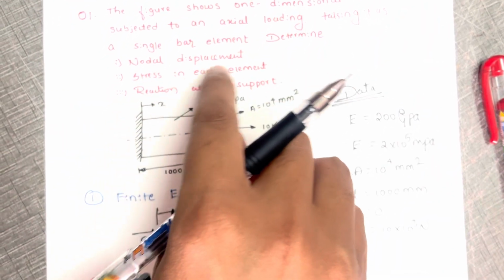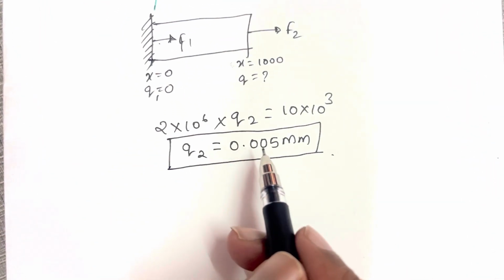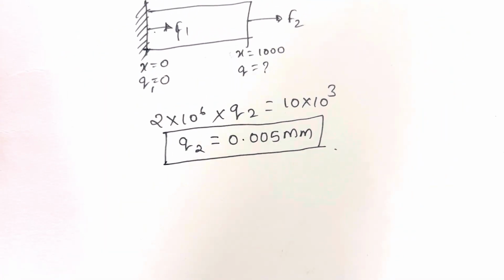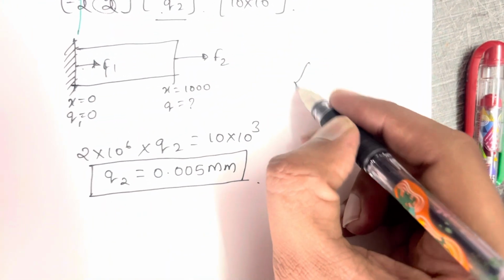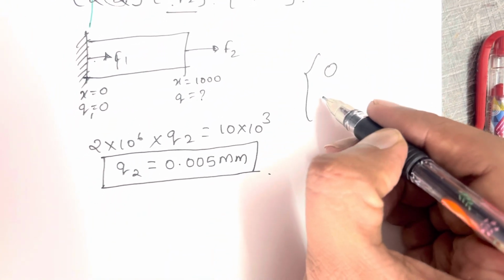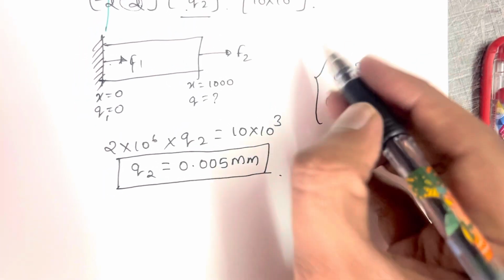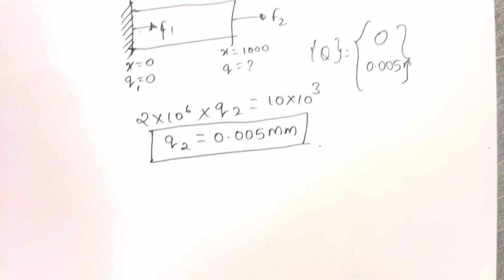In the first question they asked for nodal displacement. Nodal displacement at node 1 is 0, and at node 2, that is Q2, is 0.005 mm. So now we have to calculate the stress in each element. First I will write it in matrix form: Q1 is 0 and Q2 is 0.005, that is Q. Next, stress.